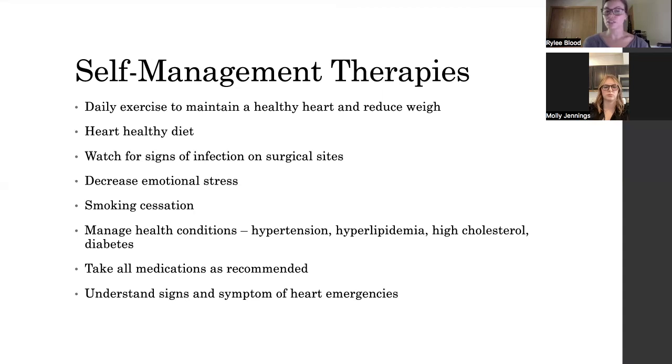Take all medications as recommended. If they don't, then all of the symptoms can start to occur and all of the unmanaged health conditions can get worse. And understand the signs and symptoms of heart emergencies so that we can get them treated rapidly.